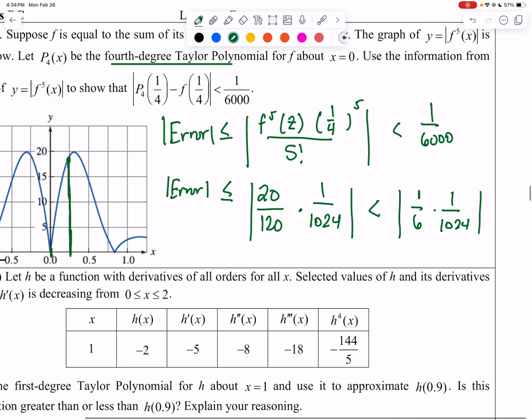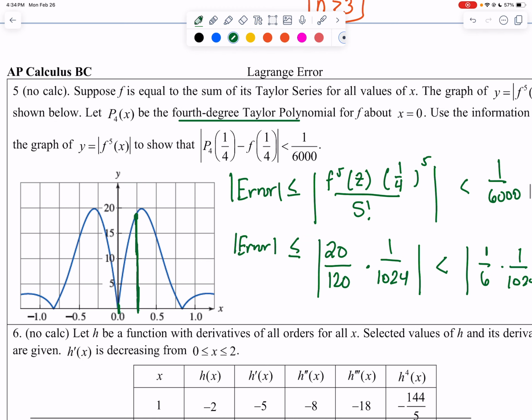Now we are going to multiply 6 and 1,024. Remember that this is no calculator. 24, 6, 12, 4. So you're going to get 6,144.